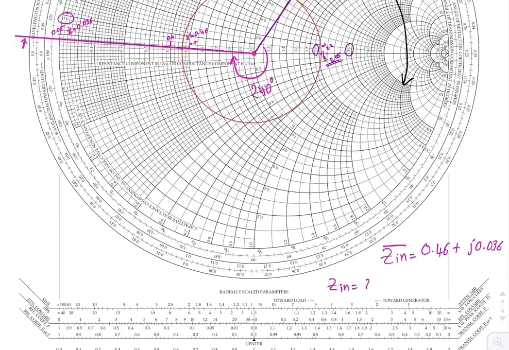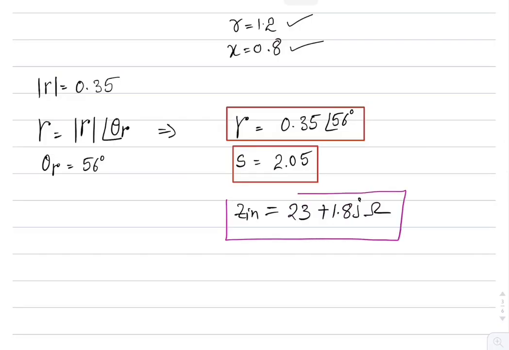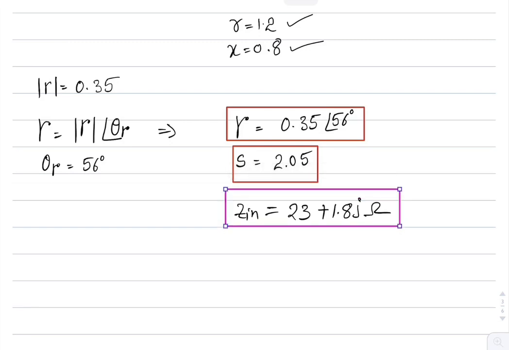Therefore Zin equal to Zin bar multiplied with Z0, that is equal to 50 multiplied with 0.46 plus J times 0.036, that is equal to 23 plus 1.8 J ohms. Therefore the input impedance Zin equal to 23 plus 1.8 J ohms.